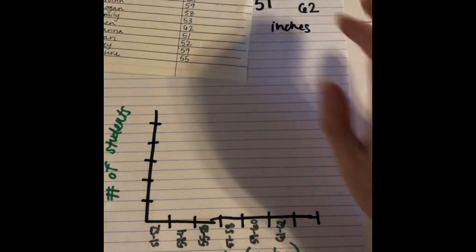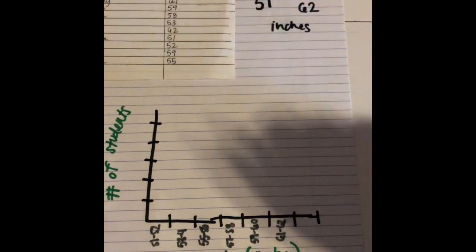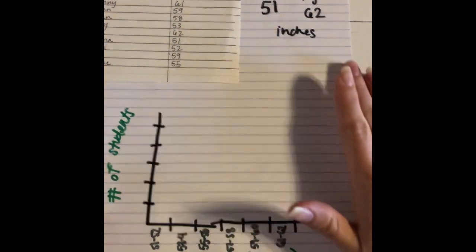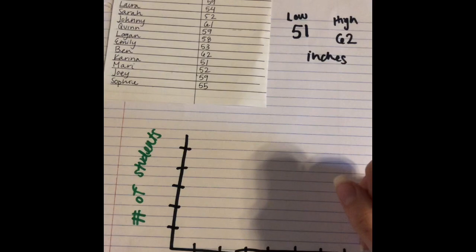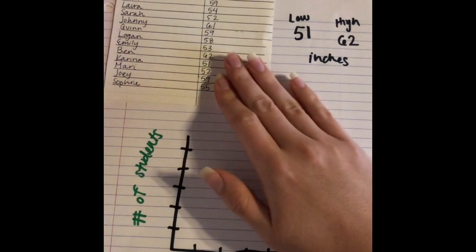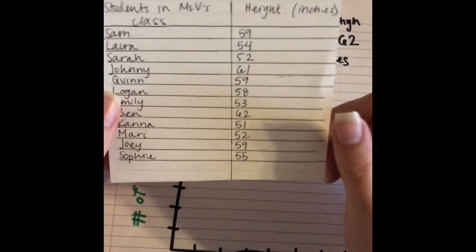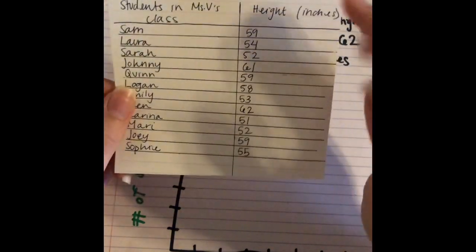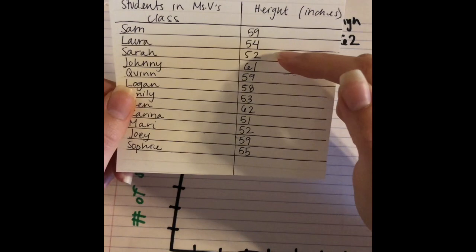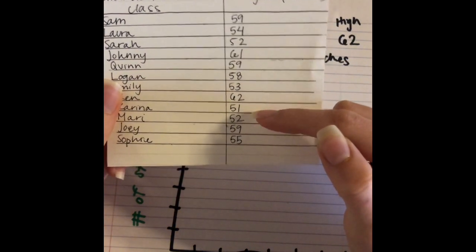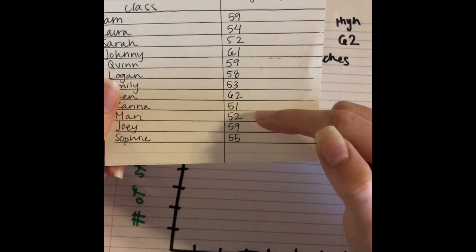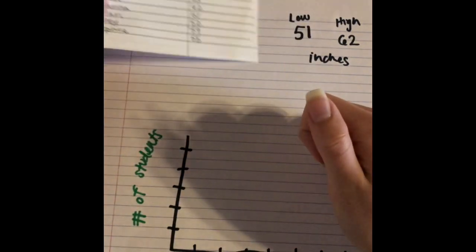So now we're going to go back. We're going to look at our chart. Oops, you guys can't see that. And we're going to figure out how many people are 51 to 52 inches tall. So looking at our data set, I can see 1, 2, 3 students who are 51 to 52 inches tall.